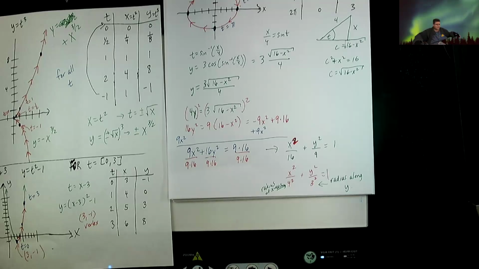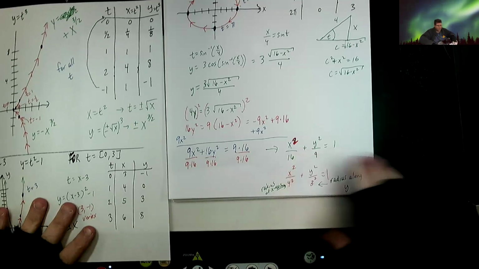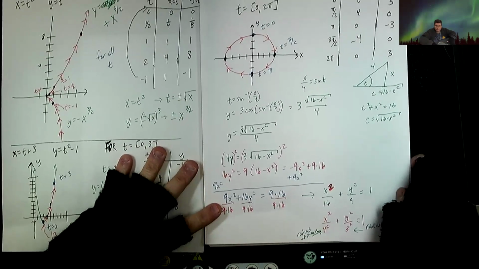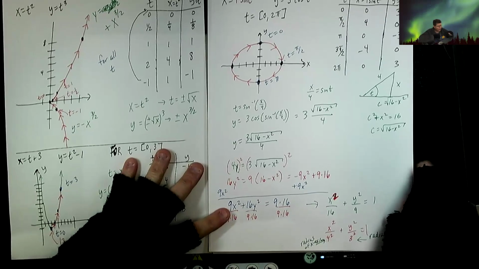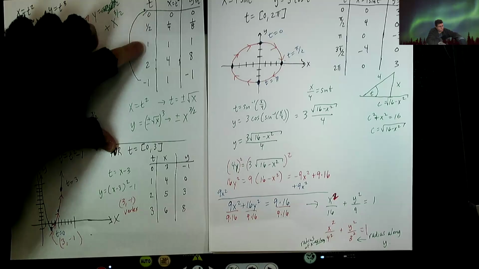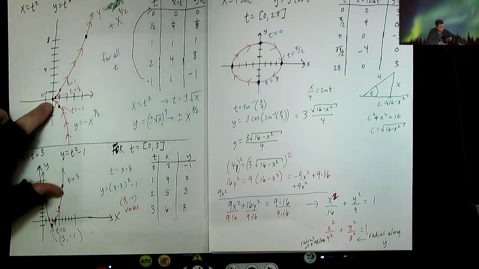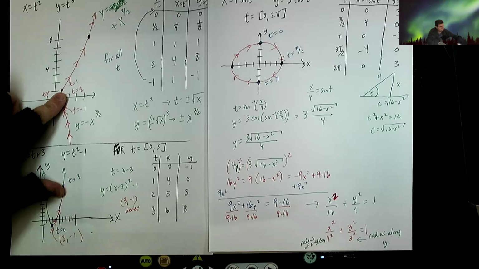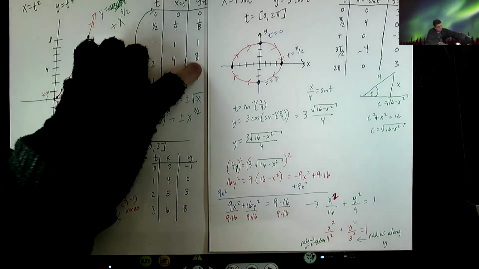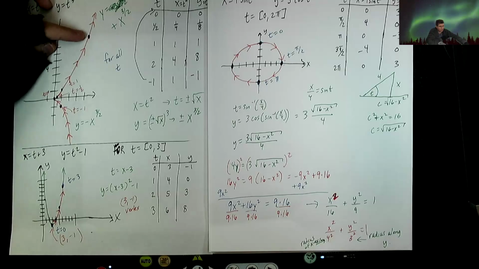Now I do want to point out something, looking at the two graphs on the top of these two pages. On this one, when we went from t equals 0 to t equals 1, we went from 0, 0 to 1, 1. Then a single time step more, 1 second later, we jumped to 4, 8, all the way up here.